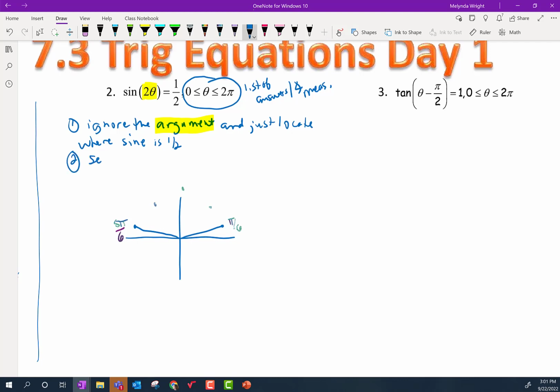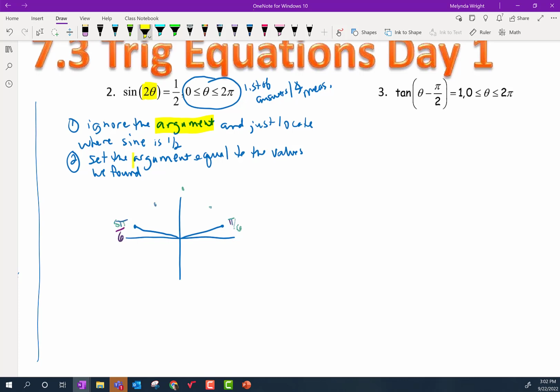Okay, so step 2. We set the argument equal to the values we found. I'm going to color code it again.